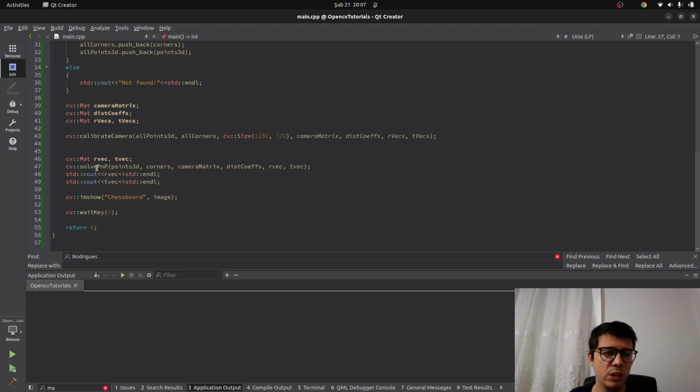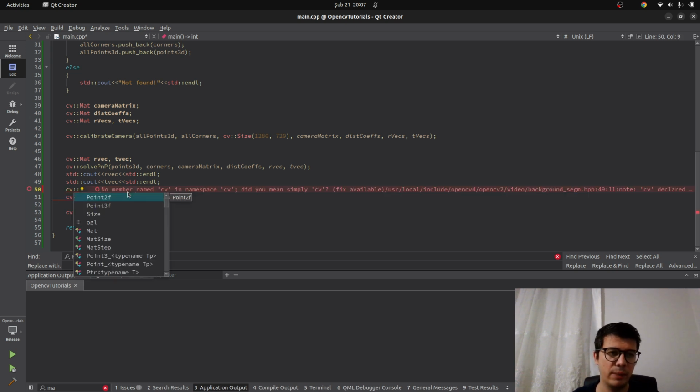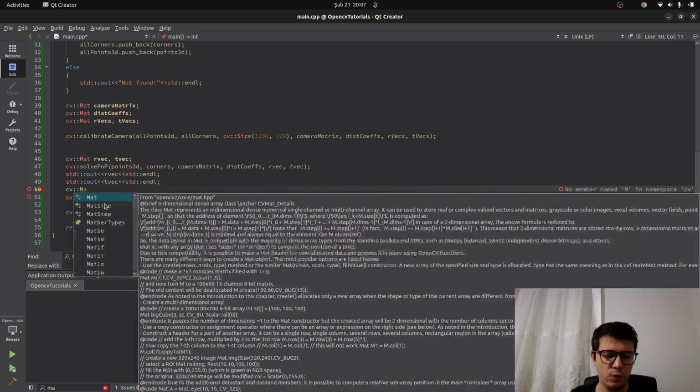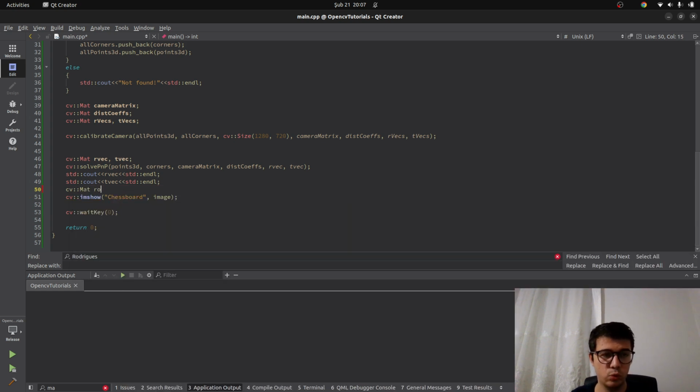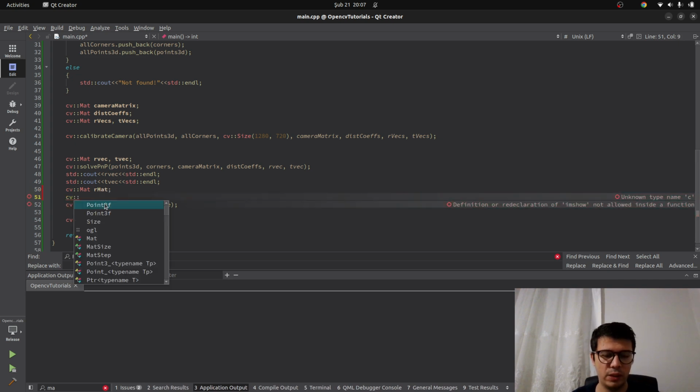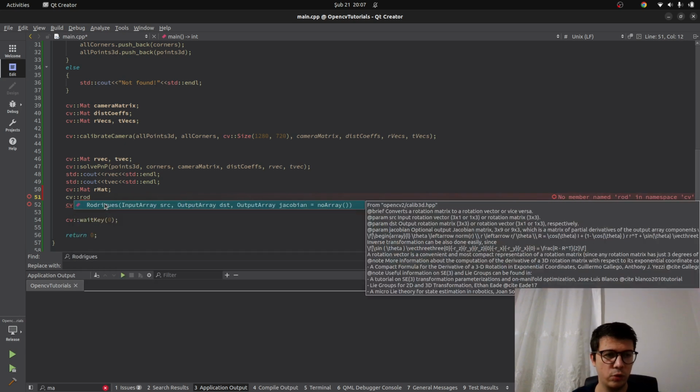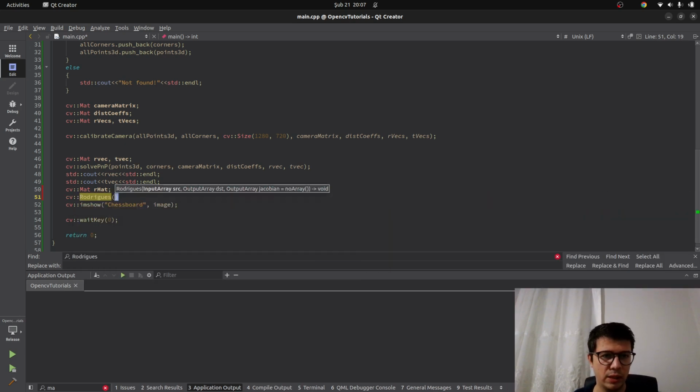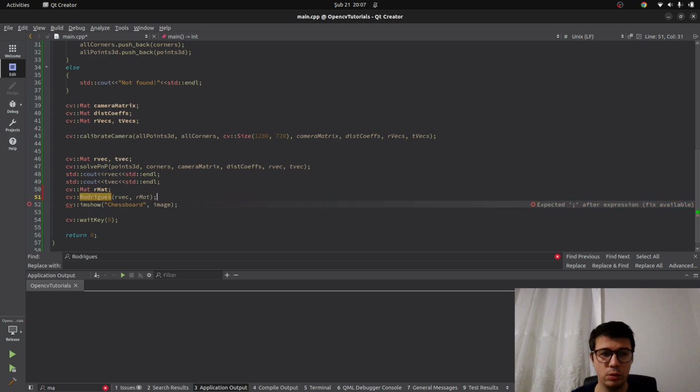Here all we need to do is, lastly we learned about the solvePnP function, and in here we are getting the rotation vector, so we don't get the rotation matrix. So first of all we can create the matrix to be able to get this rotation matrix, and after that we can call this Rodrigues, which is going to take the input, our rvec, and after that we need to give the rotation matrix, and that's all.